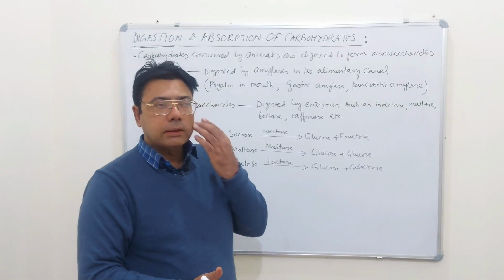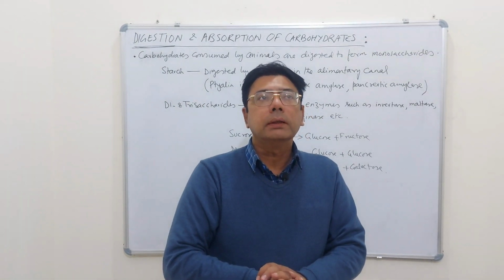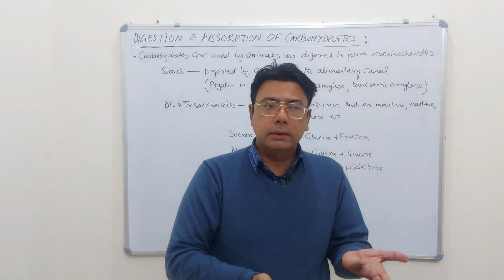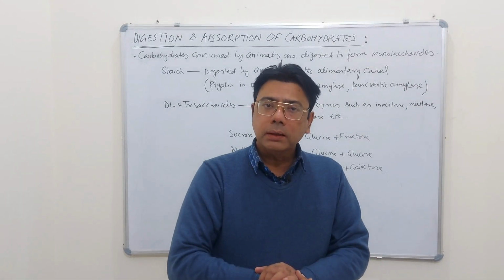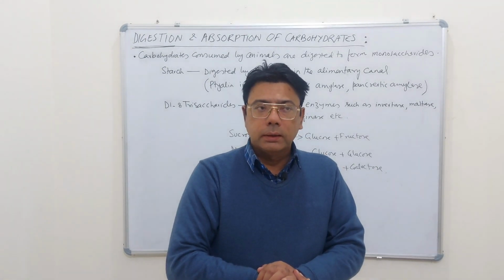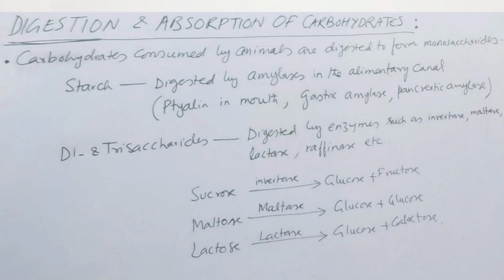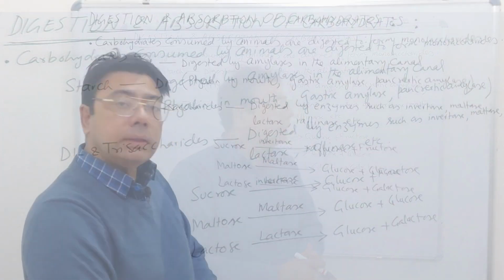First it is digested in our mouth by ptyalin, that is salivary amylase. Then it is digested by gastric amylase in the stomach, and then it is digested by pancreatic amylase in the small intestine.